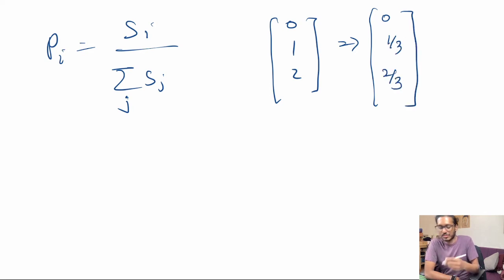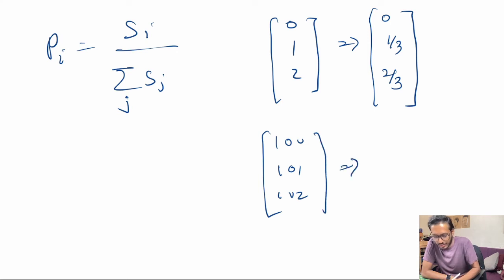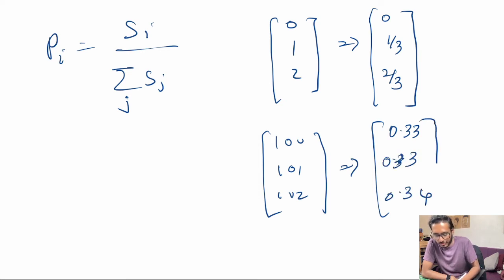So this looks nice. But what if we get something like 100, 101, and 102? This gives us probabilities around 0.33, 0.33, and I'll take this one to be 0.34 to make a full one.